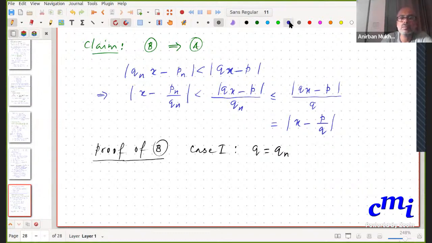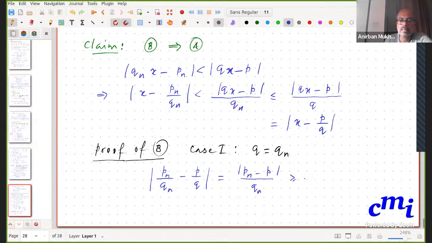So if Q is equal to Qn, then we have Pn by Qn minus P by Qn. So let's write P by Q, but Q is Qn. So this is Pn by Qn minus P by Qn.